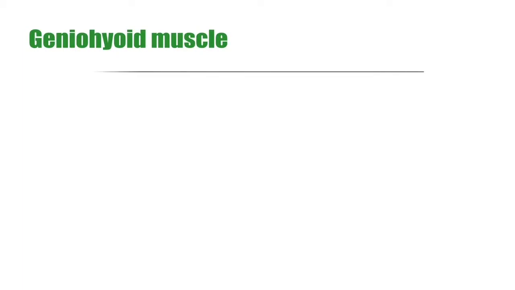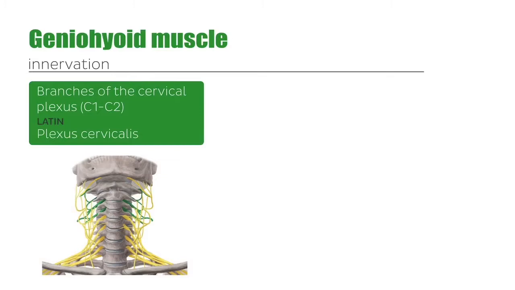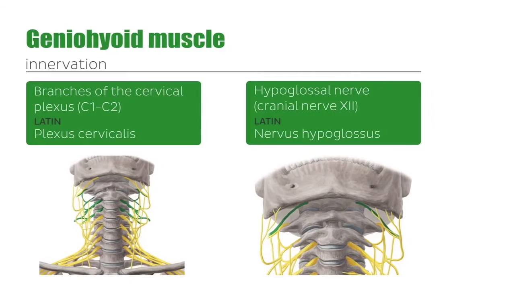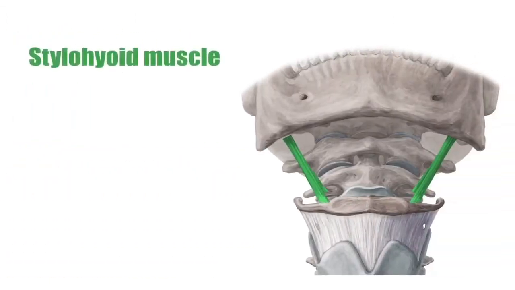When it comes to the innervation of the geniohyoid muscle, it is important to mention that this muscle is going to be innervated by branches of the cervical plexus, as you see here highlighted in green on this image, also by the hypoglossal nerve, which is seen highlighted in green. Cranial nerve number 12.